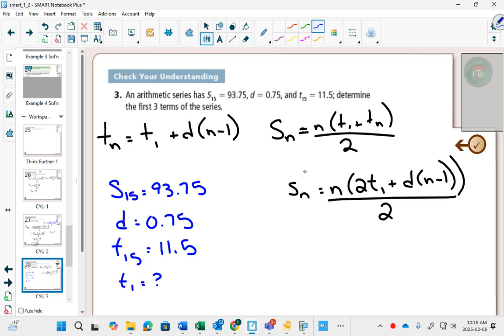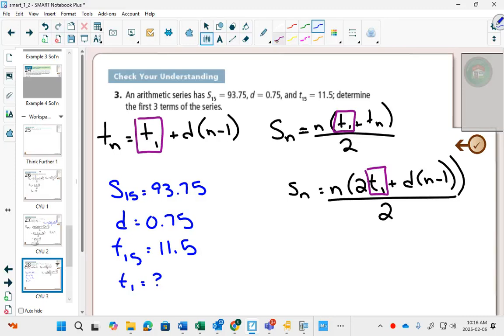So in these formulas, this is what I want to find. Any of those formulas has T1 in it, so it's possible that I could use any one of those to help me find it. Next, what do we know?